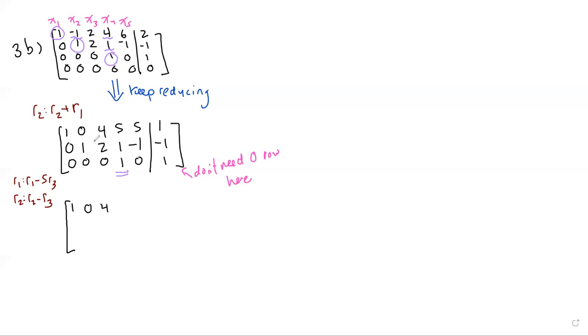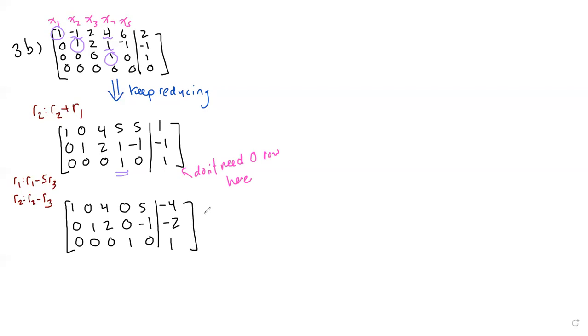All right, because I'm just subtracting the zeros from row 3, and then 5 minus 5, 5 minus 0, and 1 minus 5. And then I'm going to do 0, 1, 2, because it's zeros below, and 1 minus 1, -1 minus 0, and -1 minus 1. And then I am not doing anything to my third row. And so we should have this.